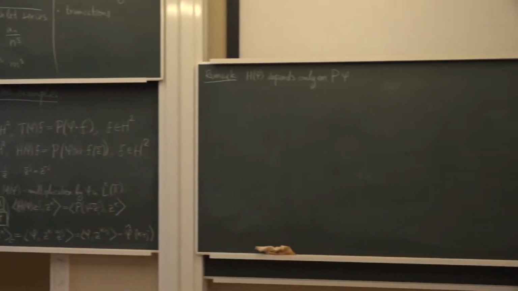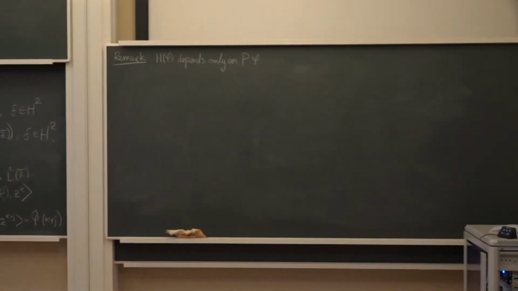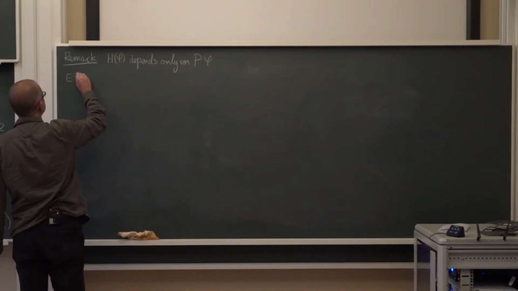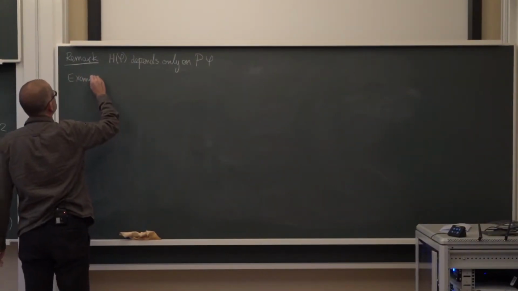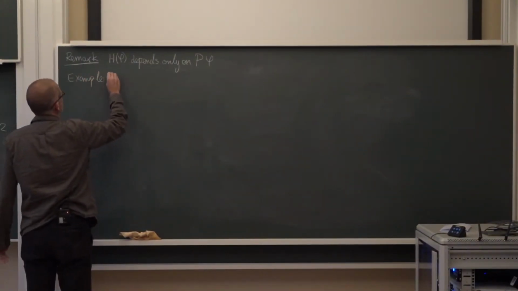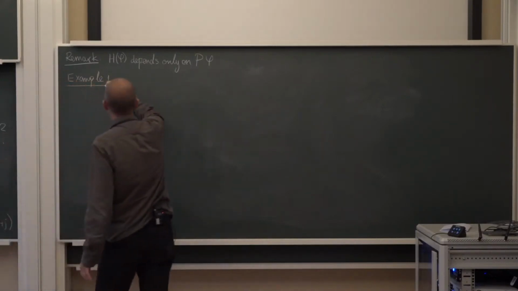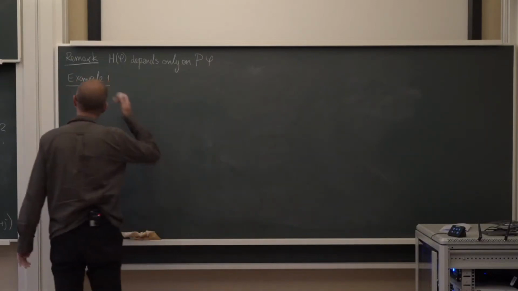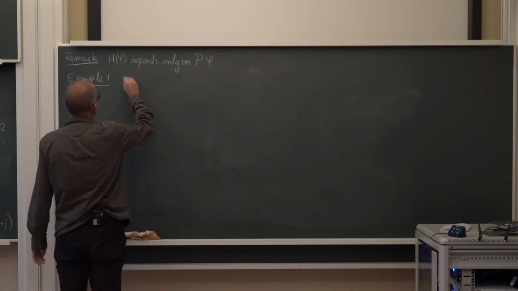Now let me go back to examples. Example 1. I will mix Hankel and Toeplitz in my examples. So consider phi to be analytic.